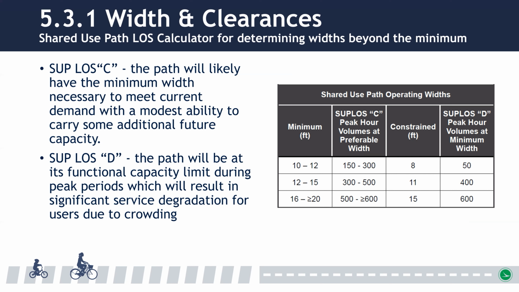You may ask the obvious question, how do I determine volumes for a path if it's new construction? Shared use path user volumes can be collected for an existing path, estimated using a similar path, or projected using an assessment of land use and other demand characteristics that are present within the vicinity of the current or proposed path. Designers may also assume the default modal split used in FHWA's spreadsheet, or adjust that split based on the characteristics of other similar paths.